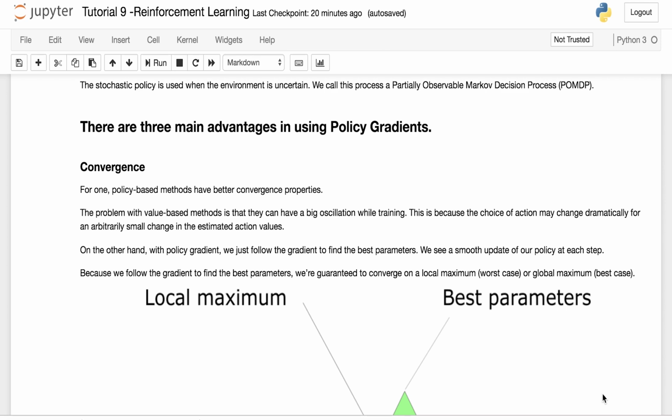Because you have less error to propagate from the estimation of the Q value itself. That's one of the possible answers, and the other answer is actually in the question: because it's policy gradients, you estimate your gradient itself.